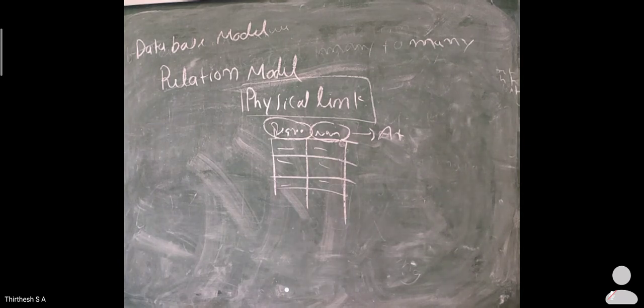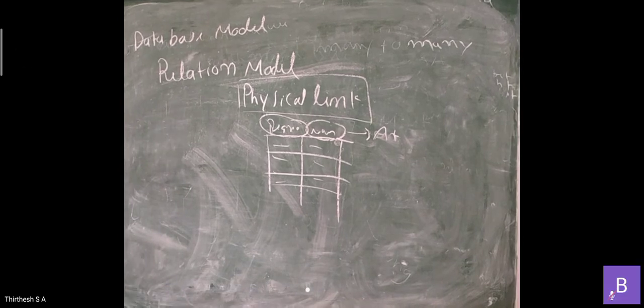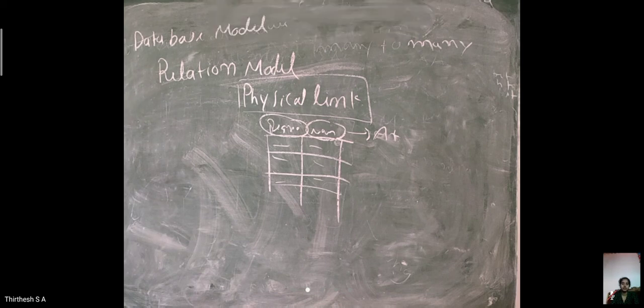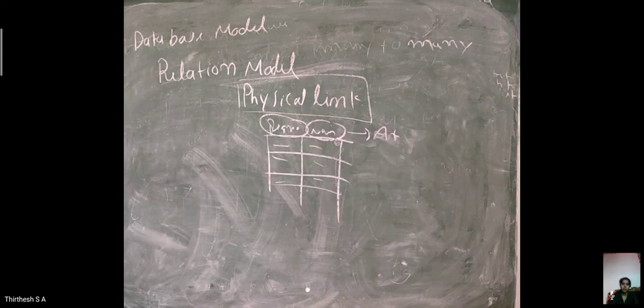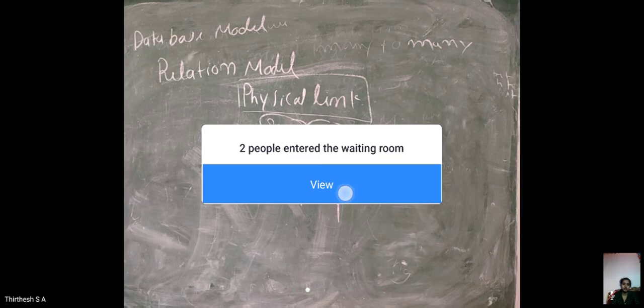So this is what we call a relational model. A relational model doesn't have any physical link. Each and every data which you store will be stored in the format of tables and columns, where the data at the top of the column is known as attributes, meaning the name of that column, and the data entered into the rows is known as entities or entries.